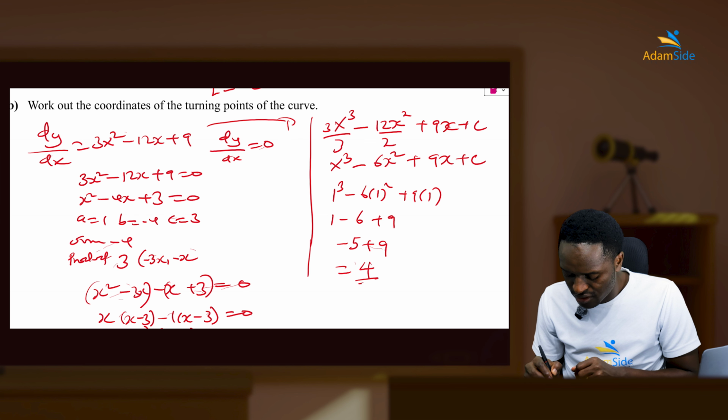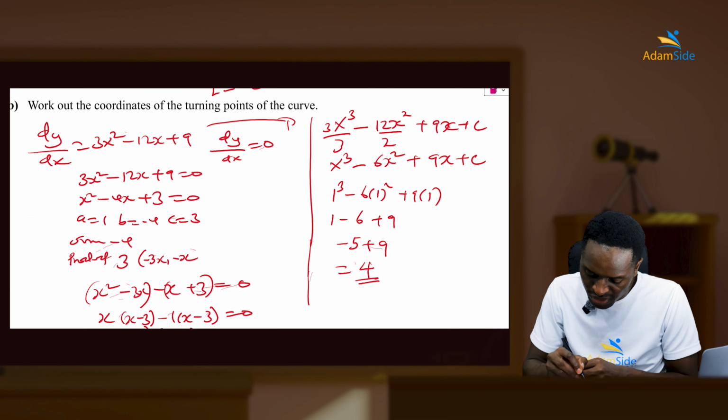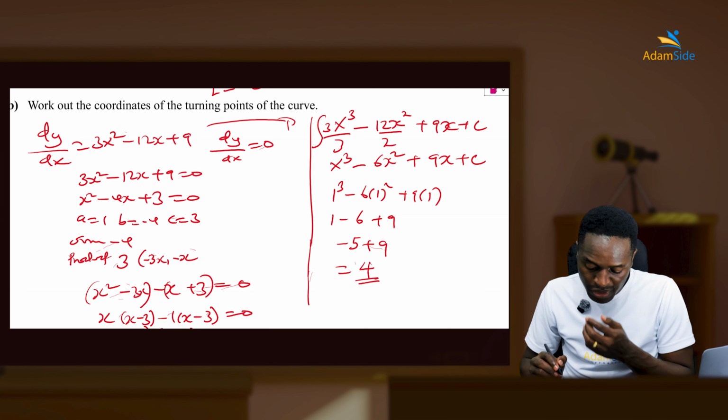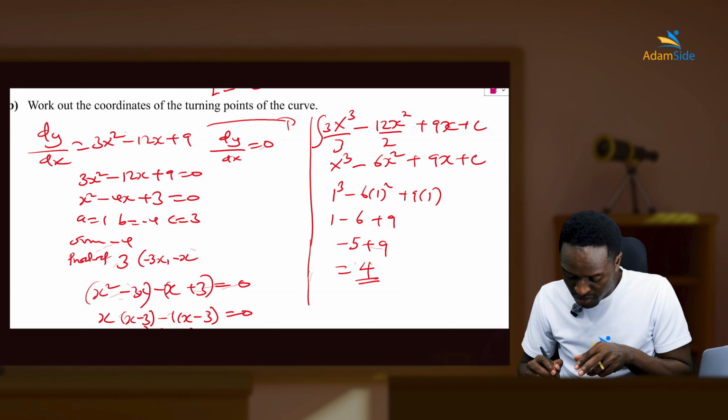So minus 5 plus 9 is 4. So you get 4. This comes from knowing the integration. This comes by integrating the differentiation curve. Then we go back to the question.